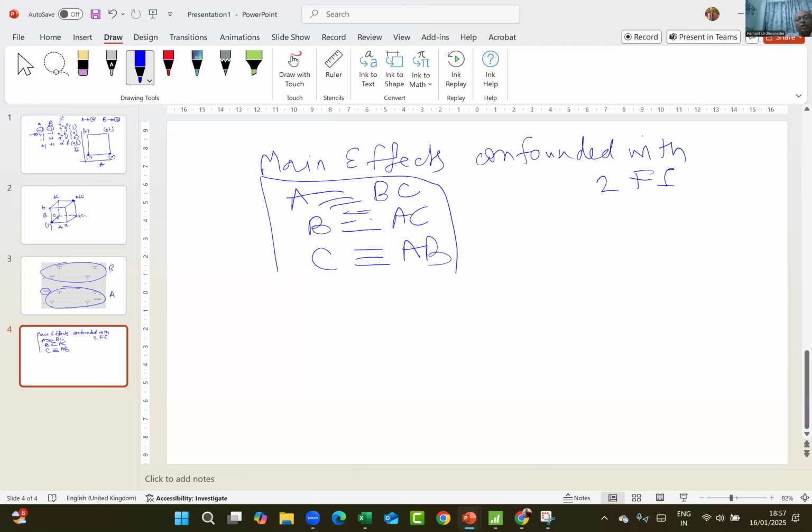So this is the confounding that has happened. And ABC I cannot calculate. Now such a design is called a resolution 3 design.